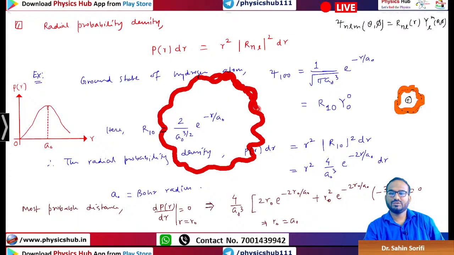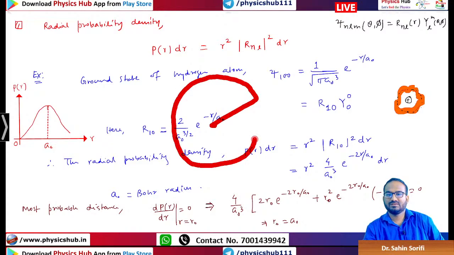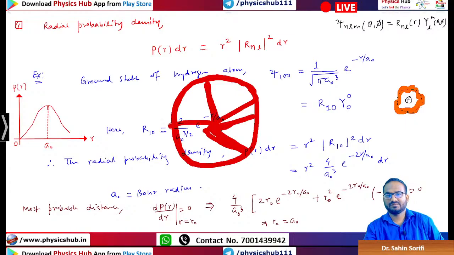The most probable distance is a naught. If you consider a distance like this, most of the time you see the electron in a circular path of radius a naught. Most of the time it remains at a naught. This distance is a naught.